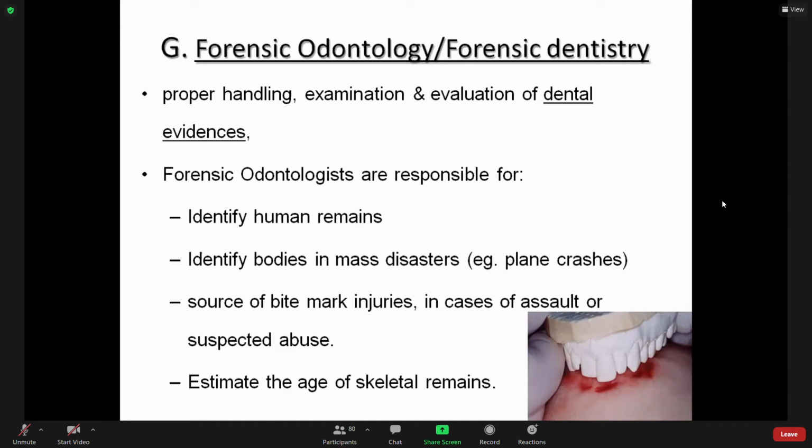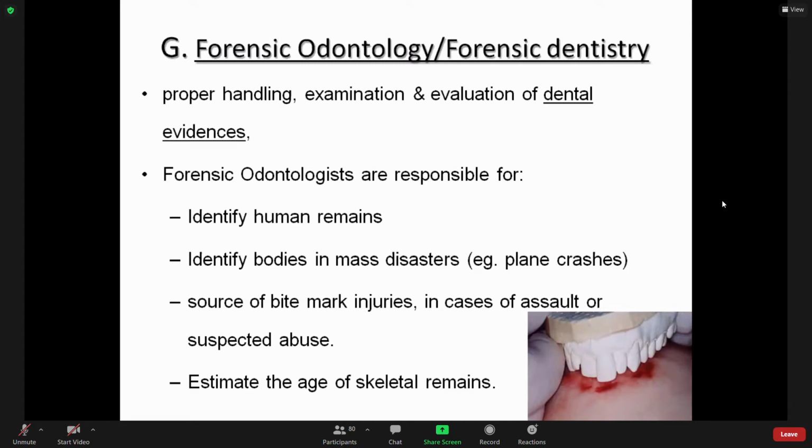Now, what is the work of an odontologist? Identify human remains, identify bodies in mass disaster. So, odontological roles: mass disaster is an important one; also an important role is examination of bite mark injuries, which is more common in sexual assault cases.